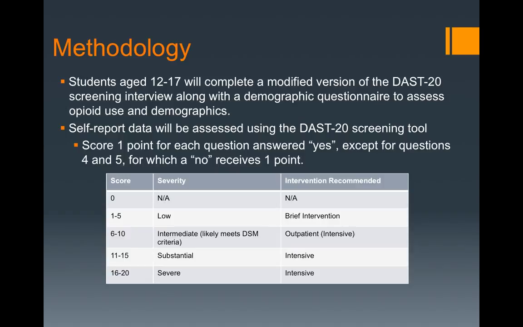So the scores obviously range from 0 to 20, 0 indicating no severity, no substance abuse or misuse, and no intervention recommended, all the way up to a score of 16 to 20, in which the participant would be labeled as a severe misuse, and some sort of intensive intervention would be recommended.